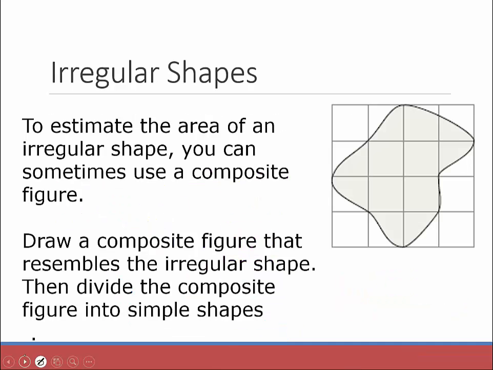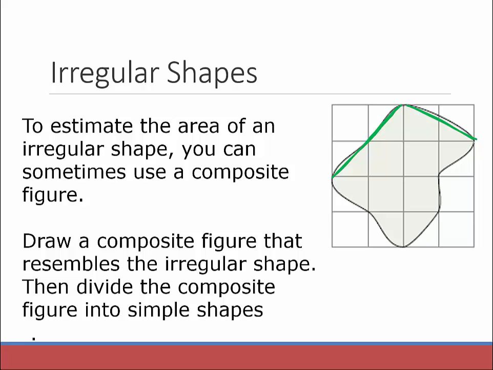The last thing we have to do is talk about irregular shapes. To estimate the area of an irregular shape, you can use a composite figure. You need to draw a composite figure that resembles the irregular shape, then divide it into simple shapes. When I look at this, it's really easy to say, okay, this kind of looks like this cut through here, and then that cut through there.